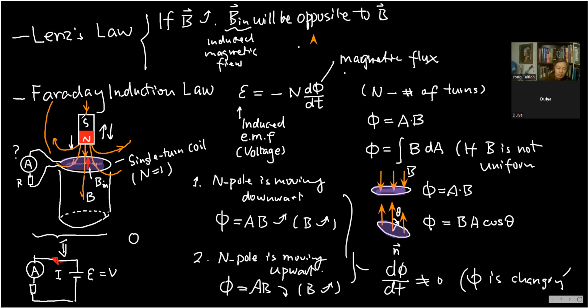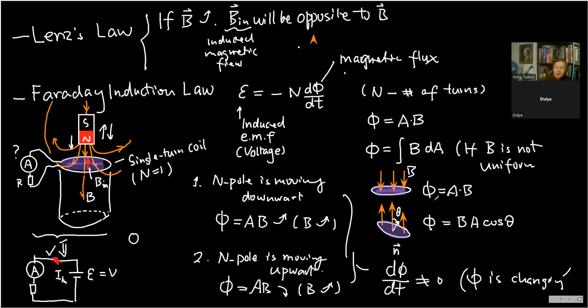We know now when you're moving downward, the electric current goes that way, which is correct, right? This is the induced one. When you move upward, according to Lenz, can we just continue with Lenz's law?